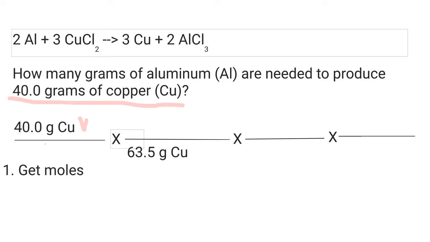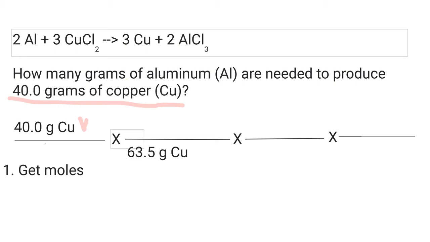So how do we get moles? Well, the first thing I do is I get out my best friend in chemistry, and that is a periodic table. And if you look up the mass of copper on the periodic table, it rounds to 63.5 if you go to the nearest tenth. And that is how much 1 mole of copper weighs. So that goes on the bottom.